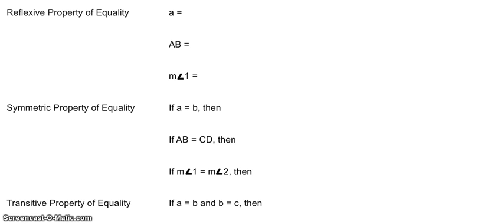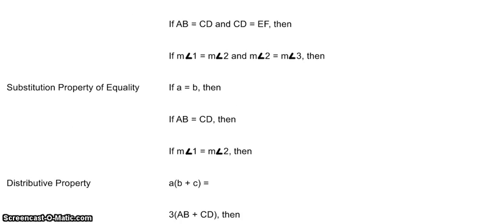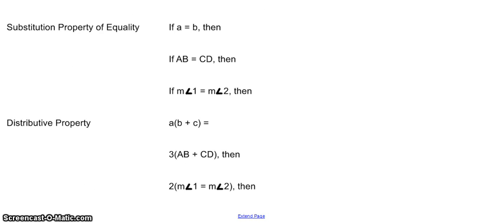Now with the remaining properties, reflexive, symmetric, transitive, and I'm going to bring this down, substitution, distributive property. With the notes that we took yesterday with 2.6 for algebra, we could do the same thing for our line segments and also our angle measures. So this is what I want you to do.